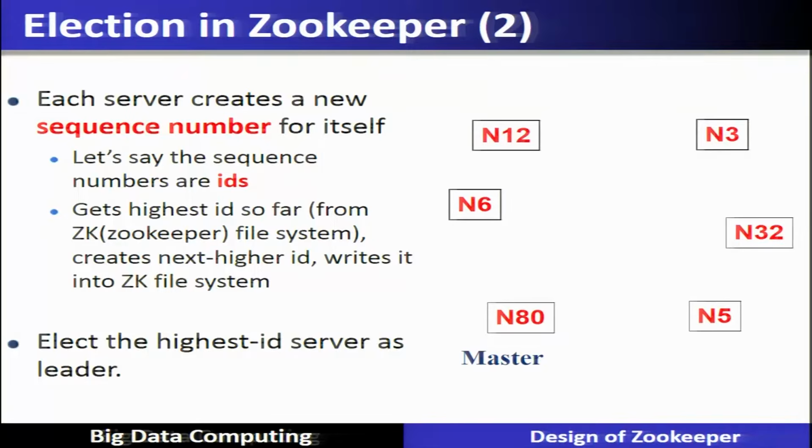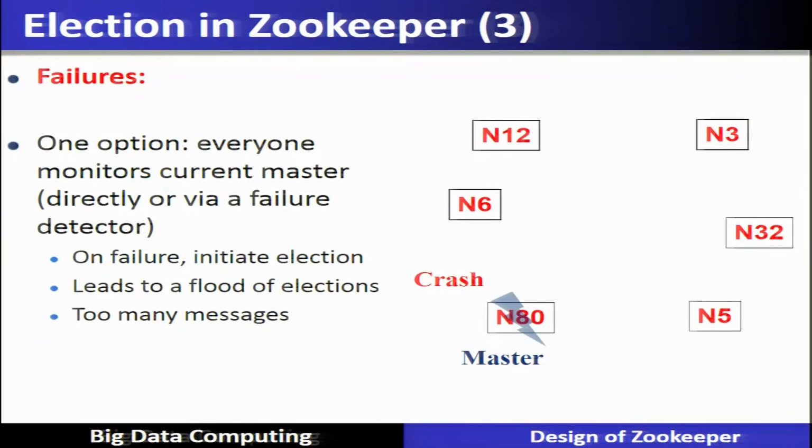Now, elect the highest ID server as the leader. So, here in this example, the different servers have the IDs 80, 6, 12, 3, 32 and 5. Among these 6 different servers, the one with the highest ID is 80, and after this election, it will be elected as the leader or the master.